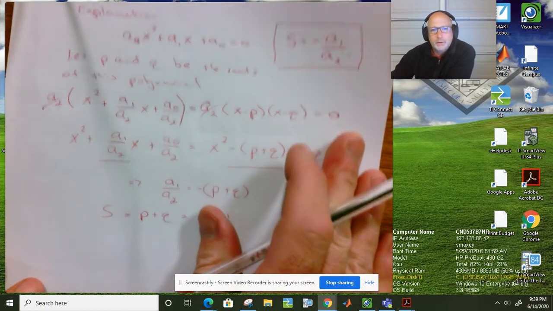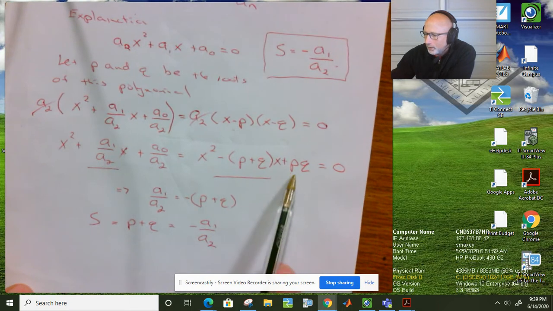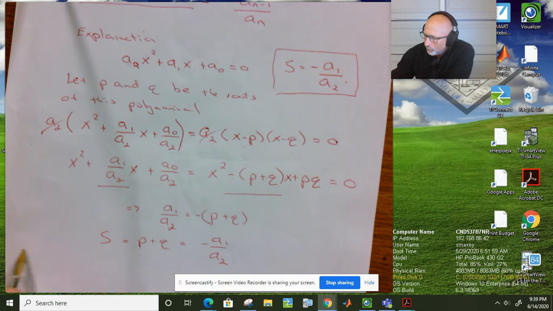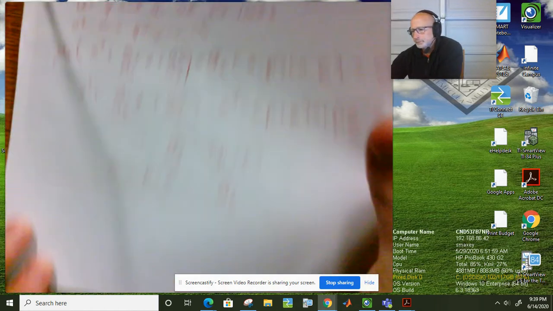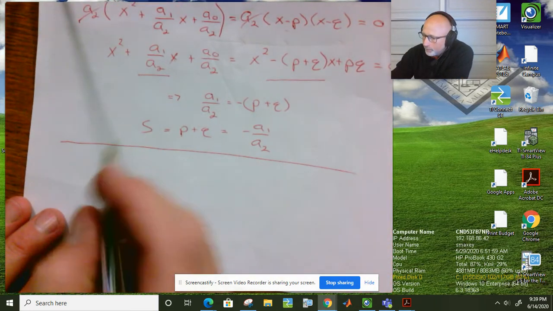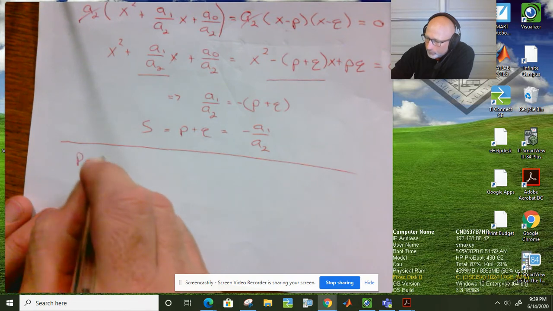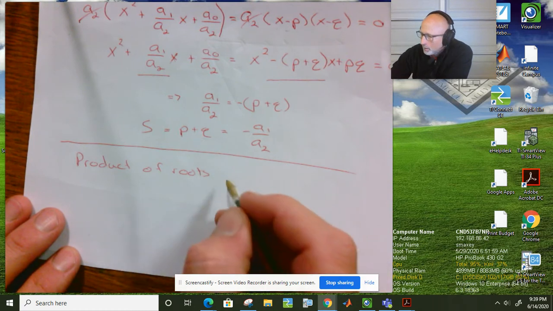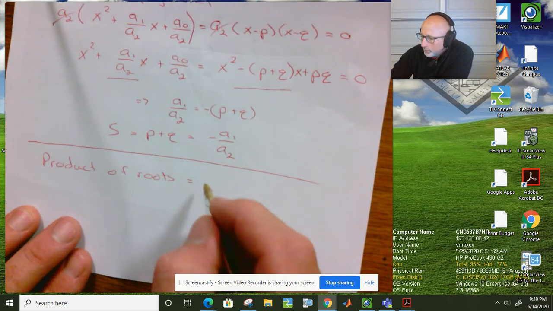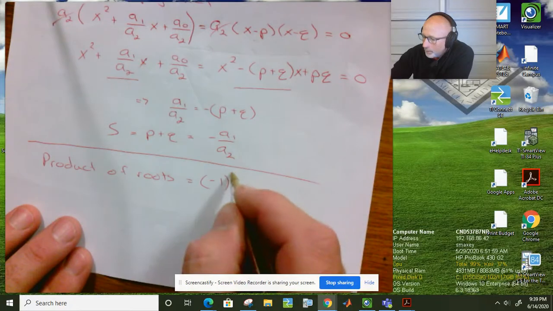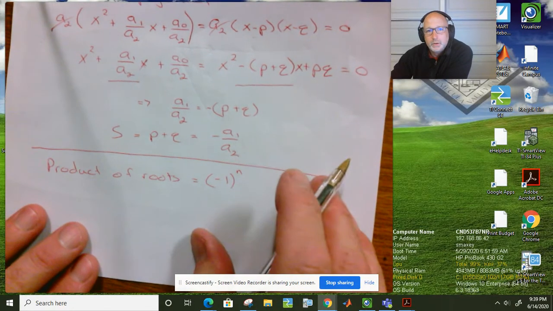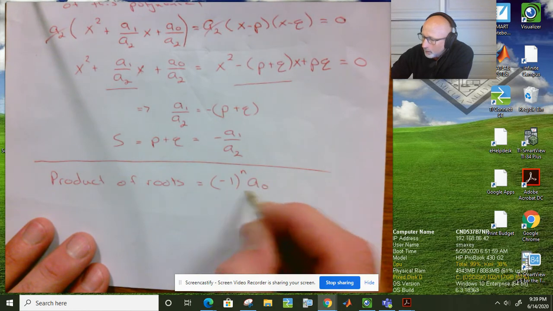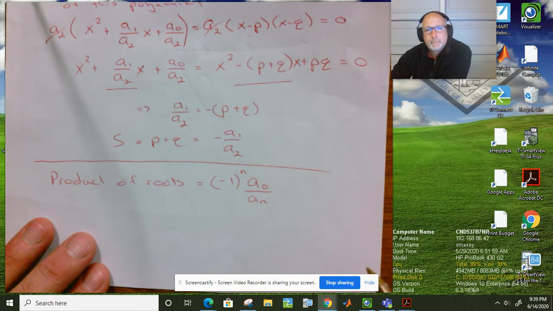What about the product of the roots? You guys could guess what it is right here. Look, there's the product of the roots here. So as a general formula for the product of roots, this is going to be equal to negative 1 to the power of n, where n stands for the degree of the polynomial, times a_0 all over a_n.